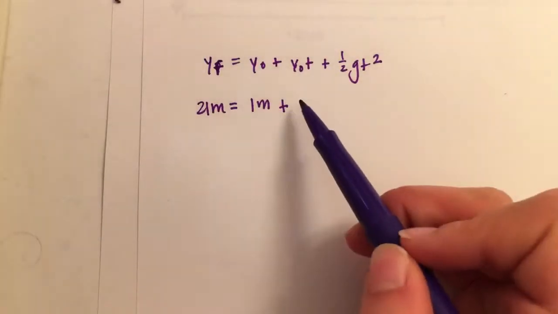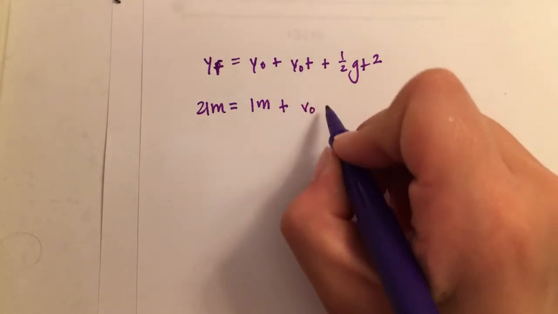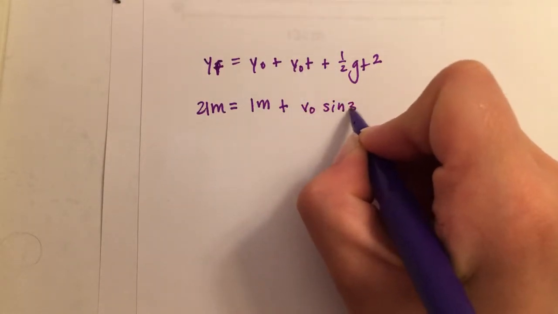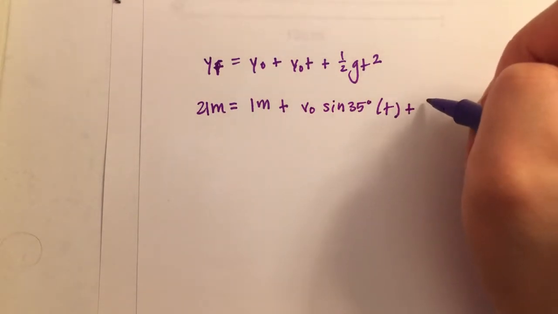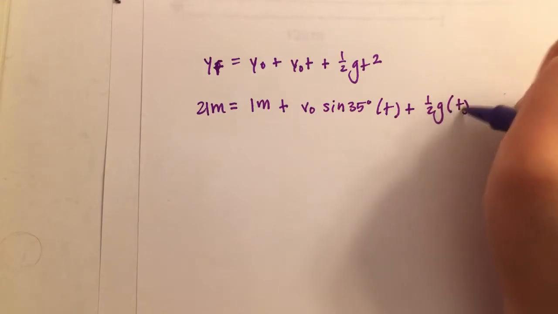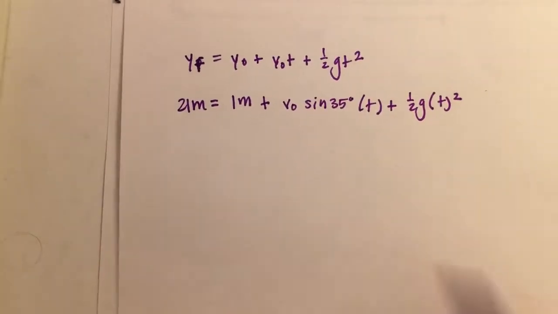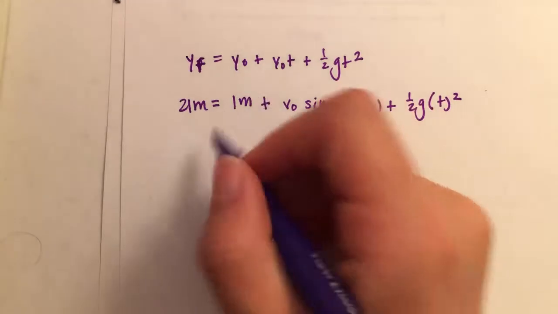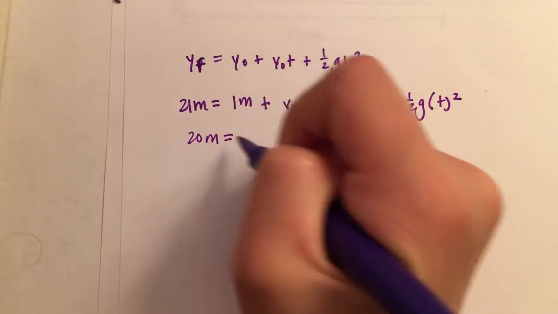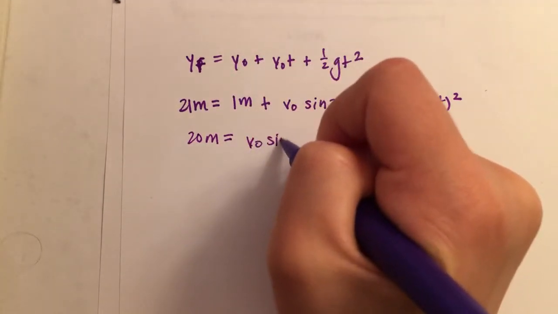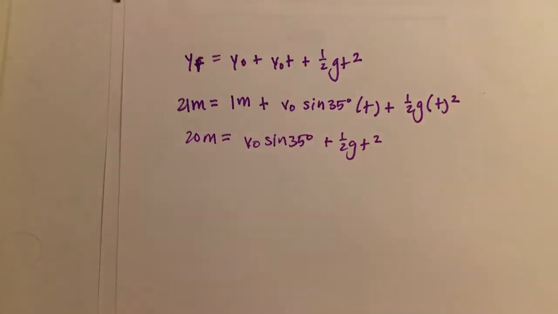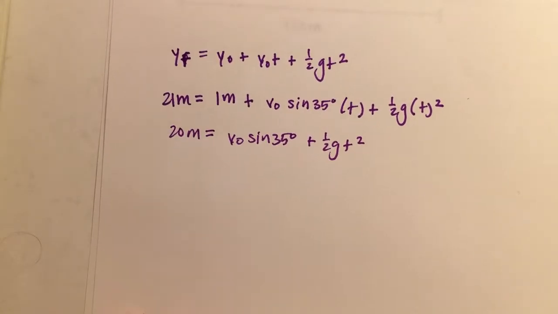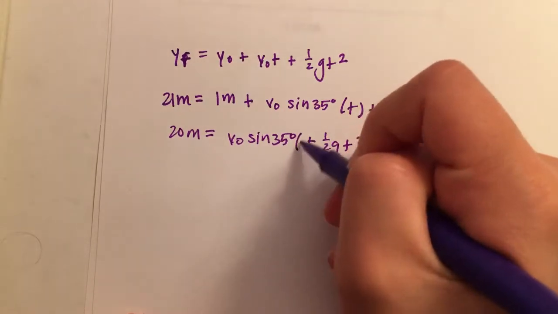Since we're doing this in the y direction, we will have v initial sine 35 degrees times time plus 1/2 g t squared. If you simplify this a little bit, 20 meters equals velocity initial sine 35 degrees times time plus 1/2 g t squared. I forgot the time. Oops, there it is.